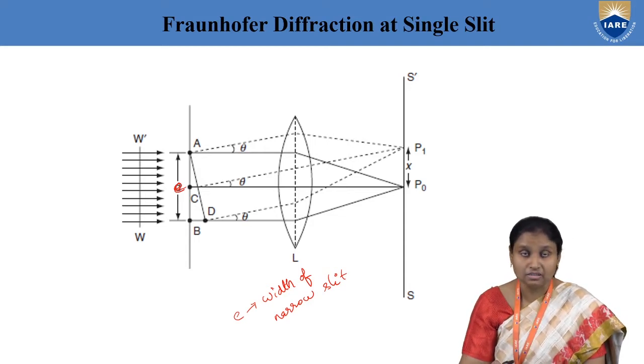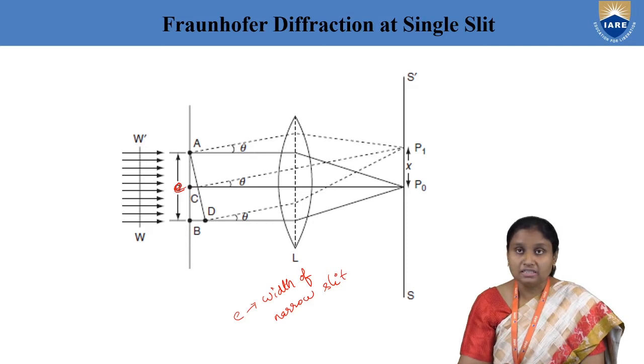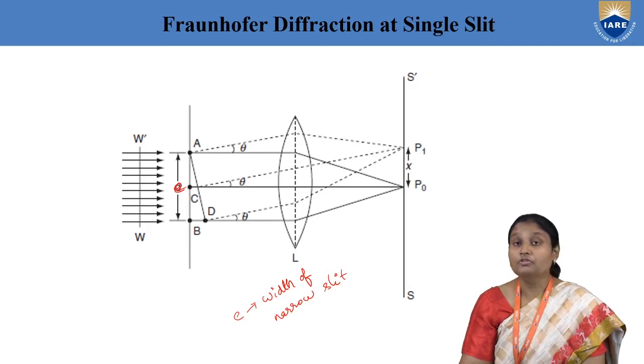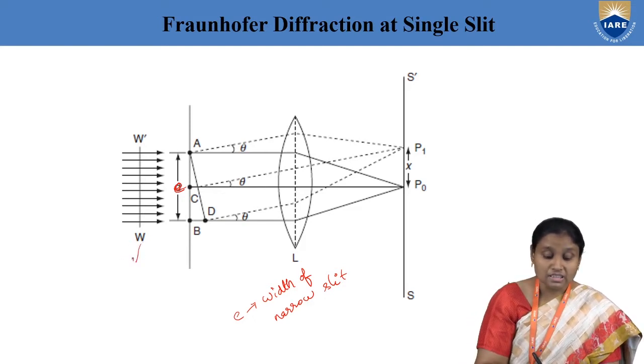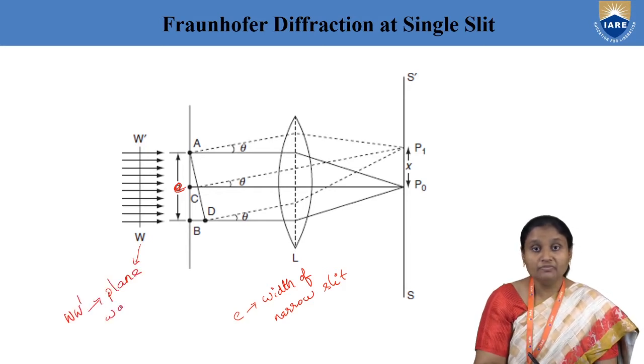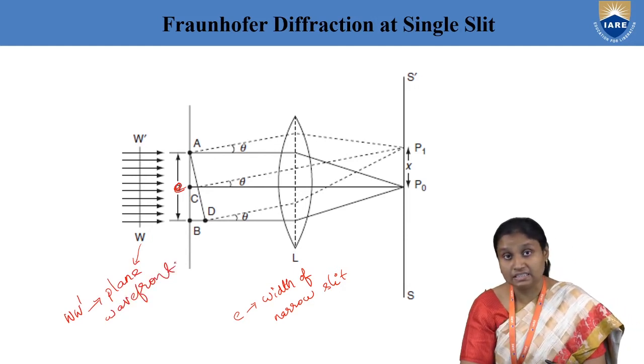Now coming to the experimental setup, because we are talking about Fraunhofer diffraction, what type of wavefront will we be using? We'll be using a plane wavefront. So this W dash will be our plane wavefront. And how do we get this plane wavefront? We are keeping our source at infinite distance.